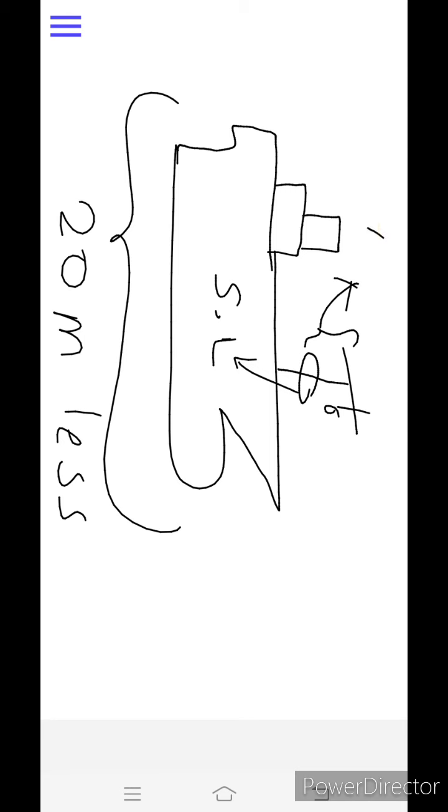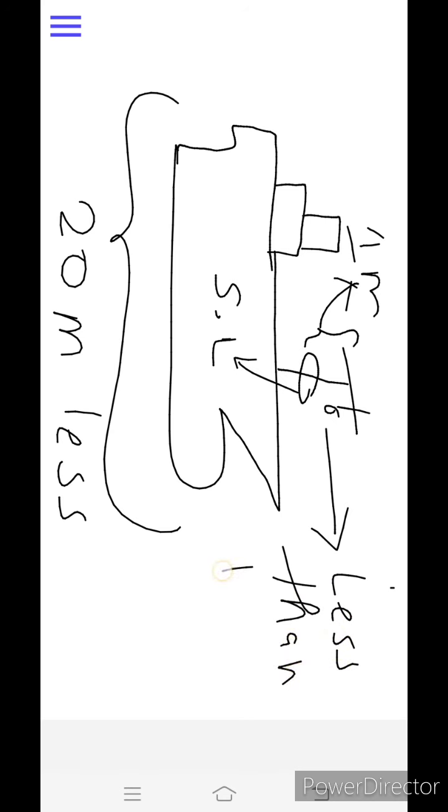It should not be less than 1 meter, meaning the separation between them should not be less than 1 meter.